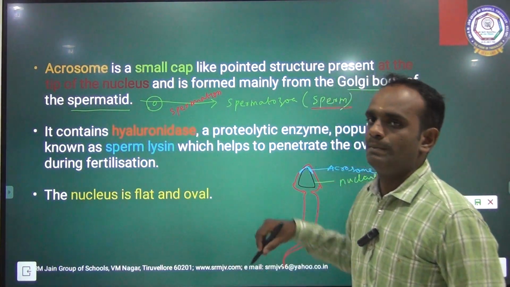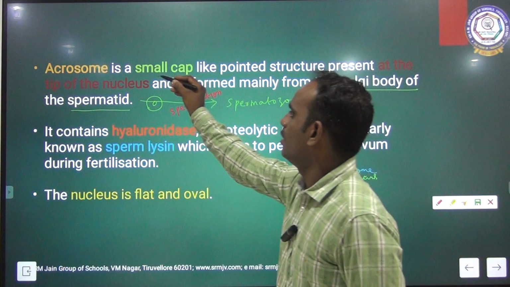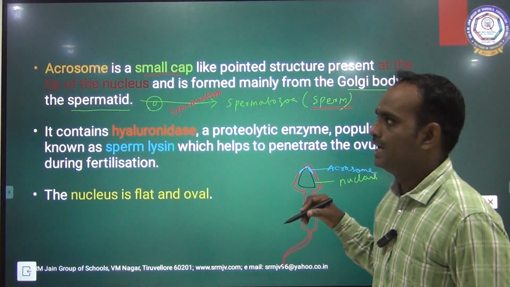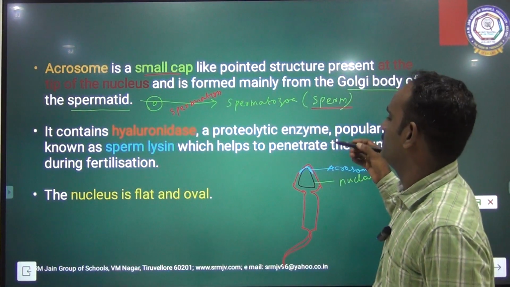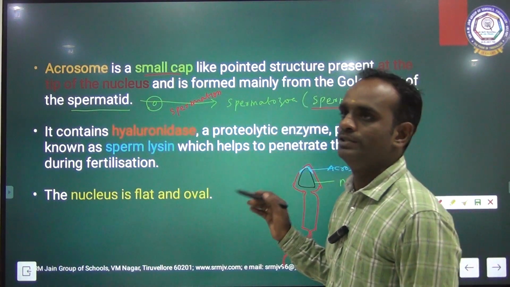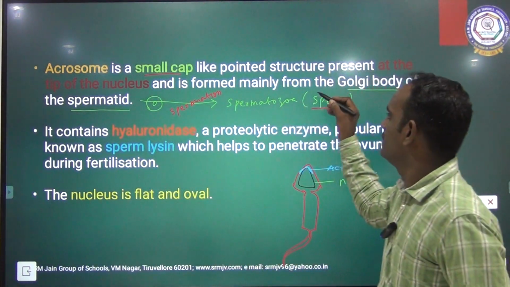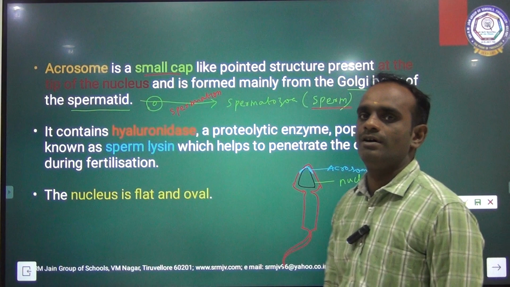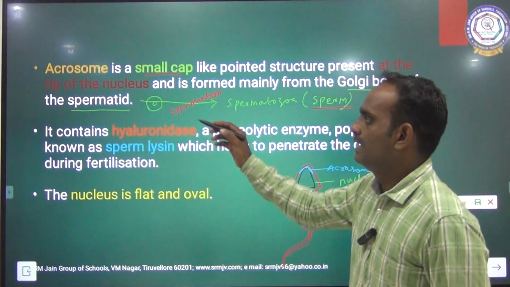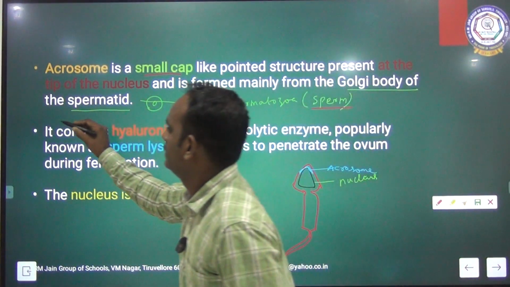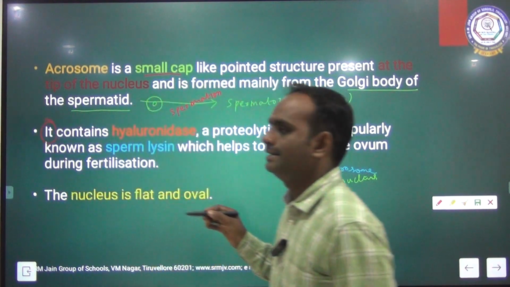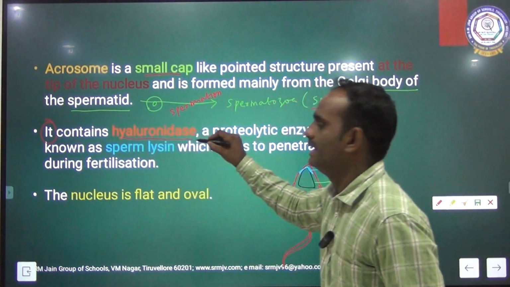Once again I am repeating, the acrosome is a small cap-like structure present on the top of the nucleus, and it is formed mainly from the Golgi body of the spermatid. The acrosome contains hyaluronidase.